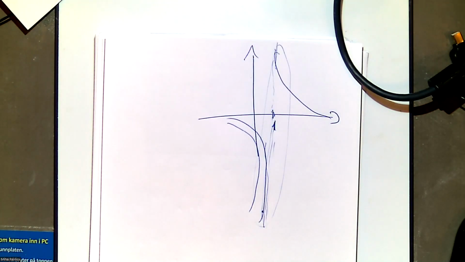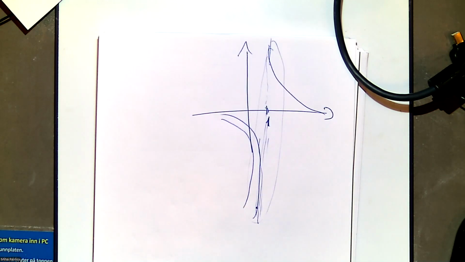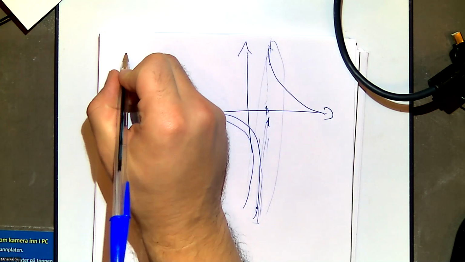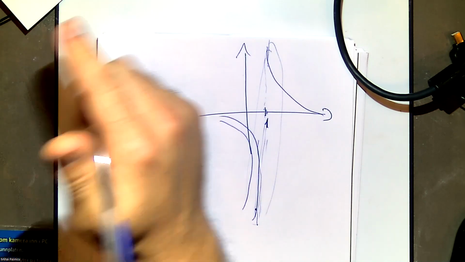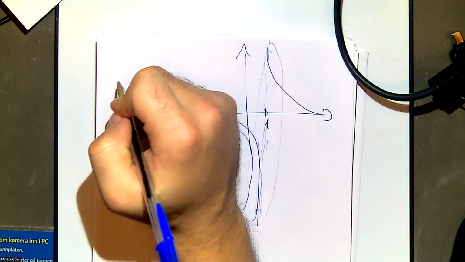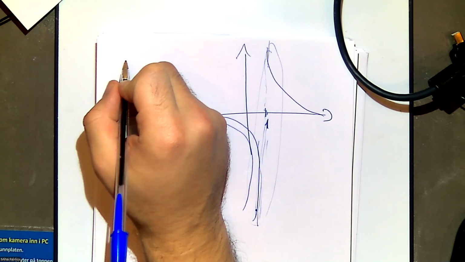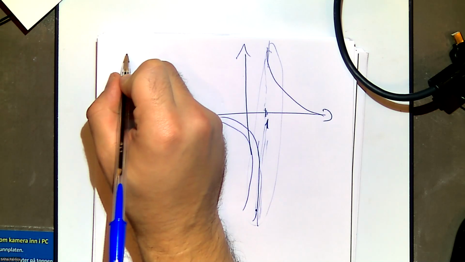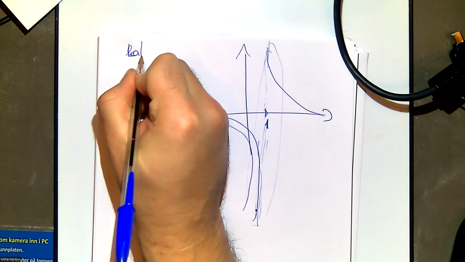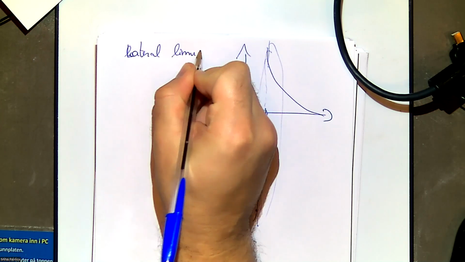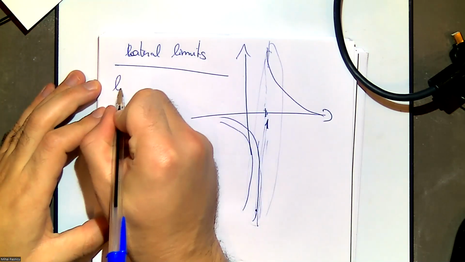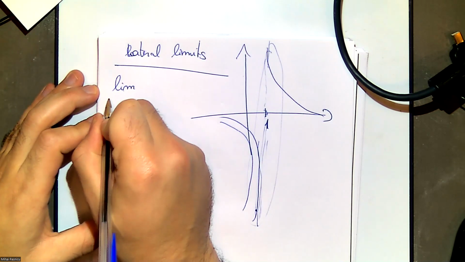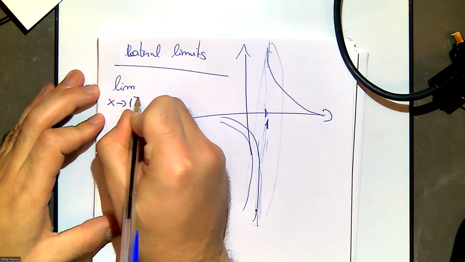So at this point, you have to introduce a new concept, which is side limits, directional limits, left limits. I don't know if you've ever had any of those, but we can just say one side. Let's just say lateral limits. What does this mean? It means that we're just going to take the limit when x goes to 1 from the positive side.